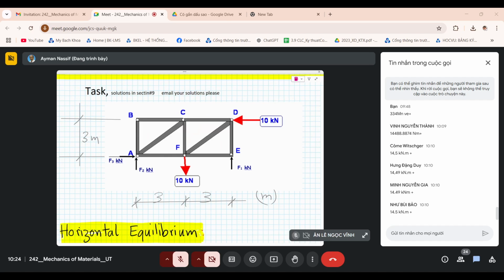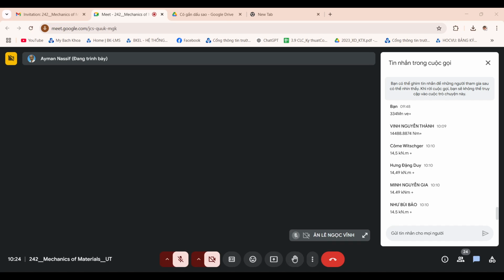You have 10 kilonewton and 10 kilonewton acting in this plane, and F1, F2 and F3. If this system is in static equilibrium, you can apply 3 equations to find the 3 unknowns.